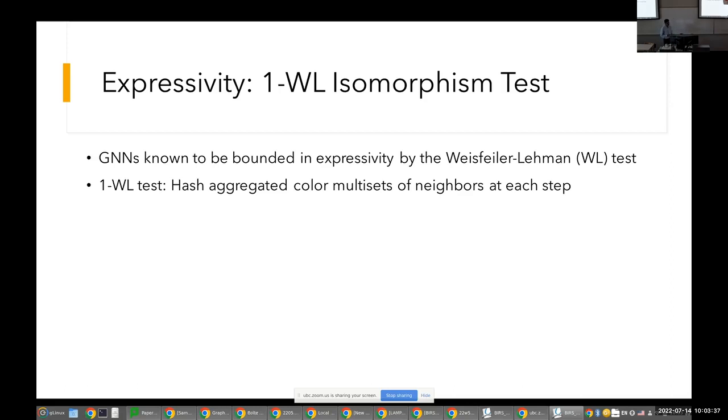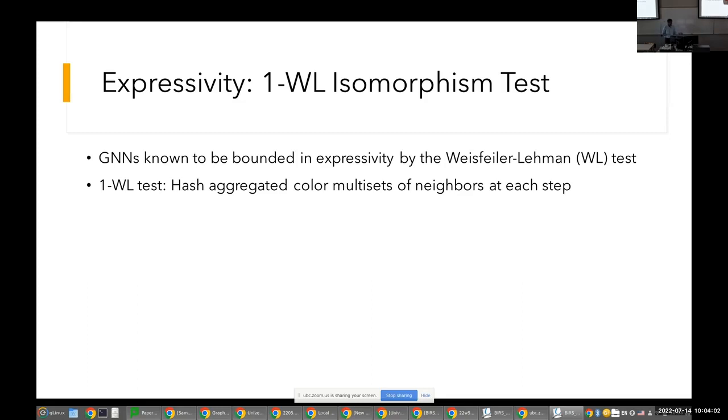So essentially, there's this question of what exactly GNNs can capture. How expressive can you make them? It turns out there's a long line of literature investigating this, and you can show that GNNs are bounded in expressivity by the so-called Weisfeiler-Lehman test. This was a test to decide whether two graphs are isomorphic.